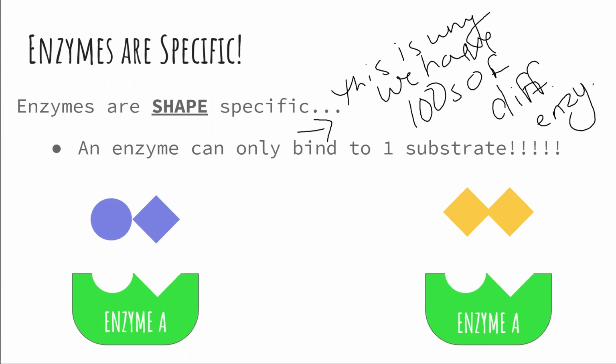Okay? So enzymes are specific, and because they are shape specific, we have only one enzyme that's able to bind to one kind of substrate. So that's why we have hundreds of different kinds of enzymes so they can bind to their own special substrates.